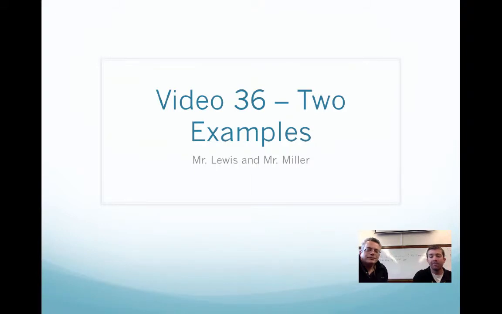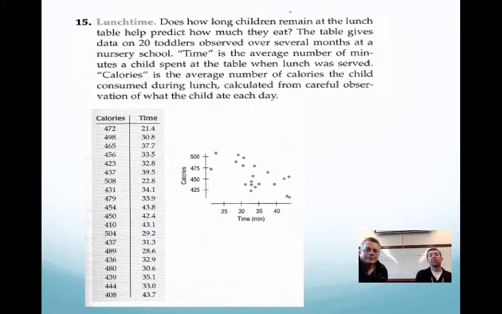All right, so the one we are going to do focuses on little children at lunchtime. People collected data on how long children remain at a lunch table to predict how much they will eat. The table gives 20 toddlers observed over several months at a nursery school.